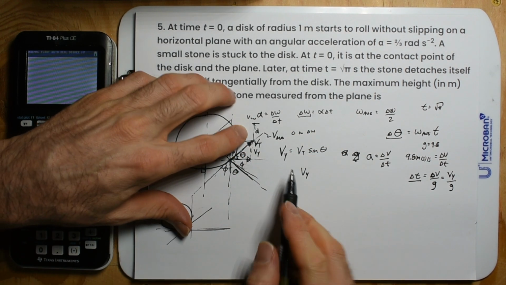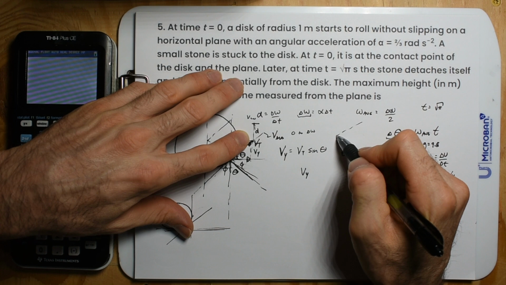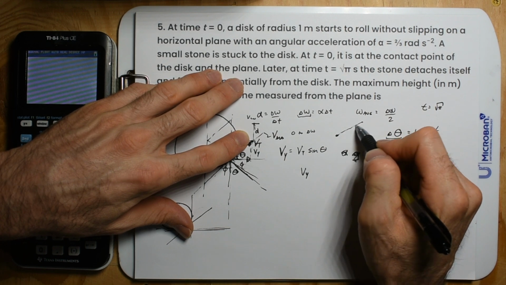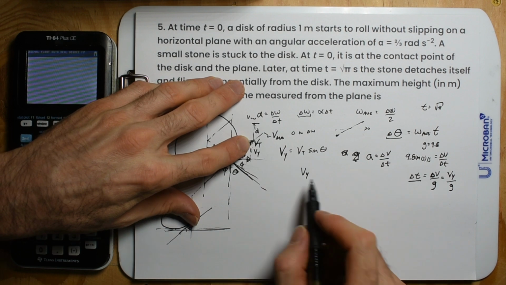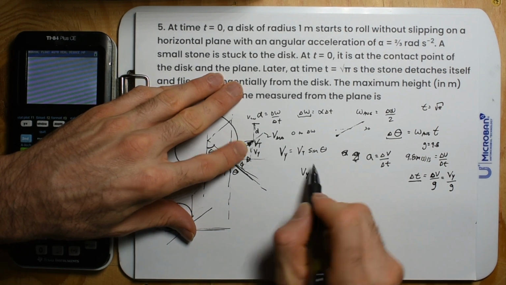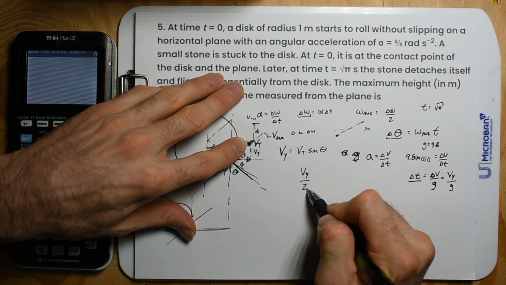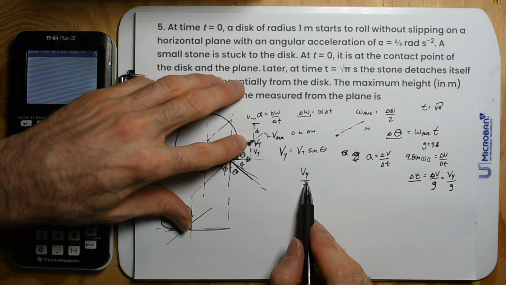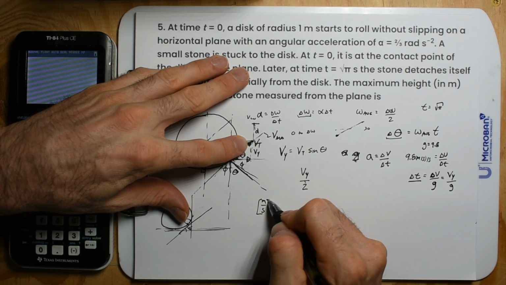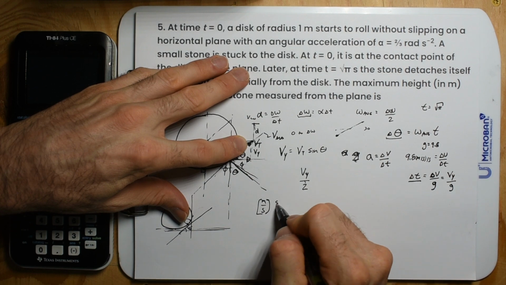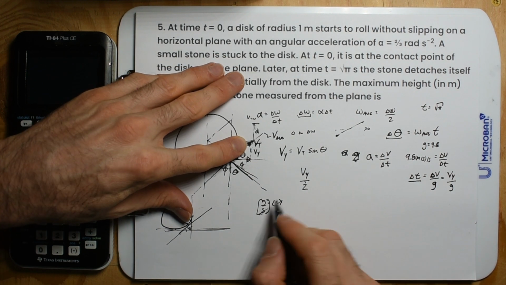It's the same thing as going 0 to 60, increasing your speed: our average velocity is 30. So our average velocity is going to be Vy divided by 2. This is our average velocity in meters per second, and then we have that change in t, which is in seconds, and that gives us our distance.